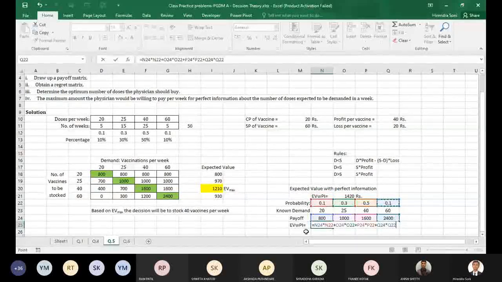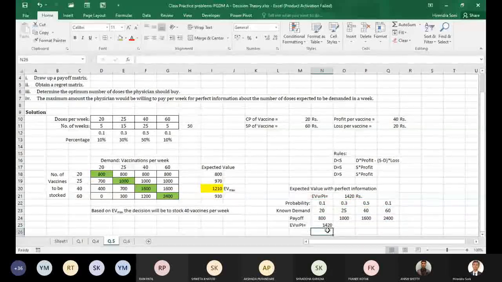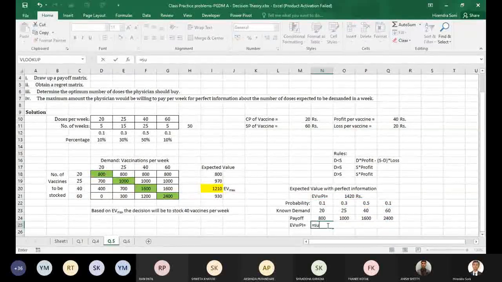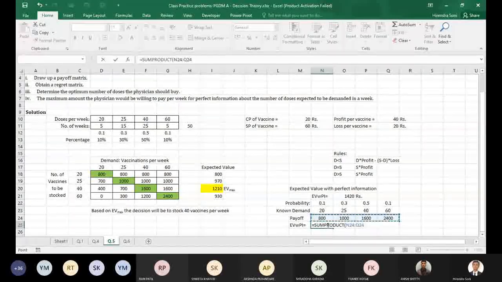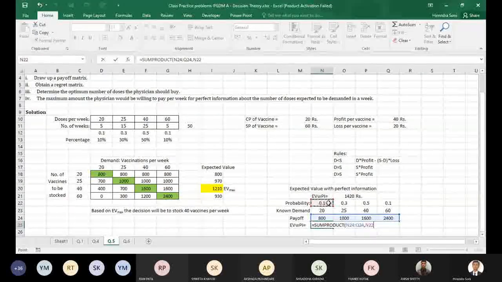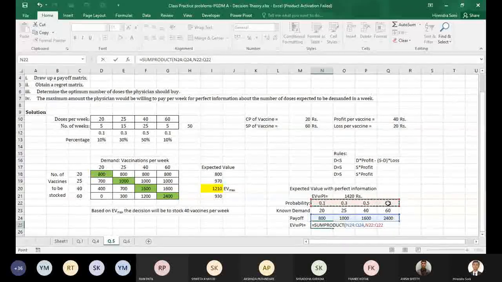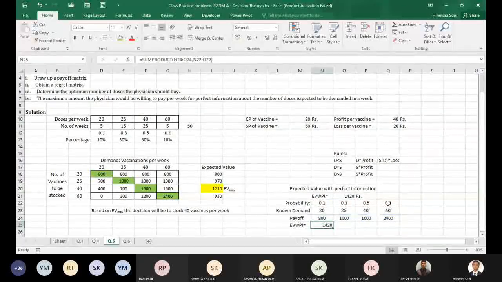Correct? So 1420, या फिर मैं उसको डायरेक्ट सीधा इक्वल्स टू सम प्रोडक्ट कर सकता हूं, this comma the probability, it's enter, that is 1420. यहां तक ओके है?